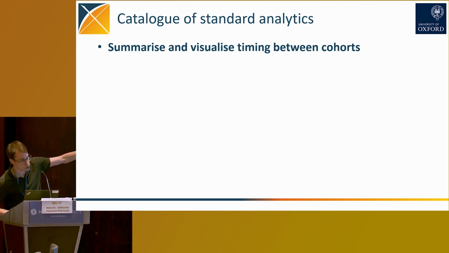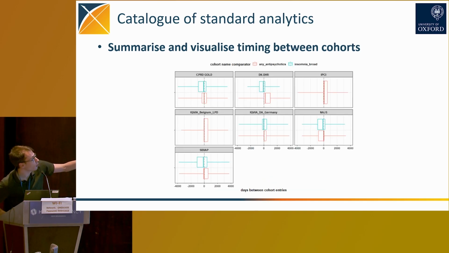Using the green patients, we see that in general, for dementia and insomnia there was not a clear trend. Maybe insomnia was coming a bit before, but not much. But we could see a clear trend that antipsychotics were starting after dementia in most of the databases.